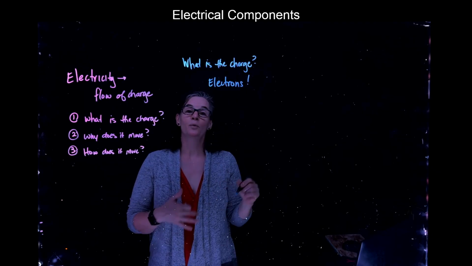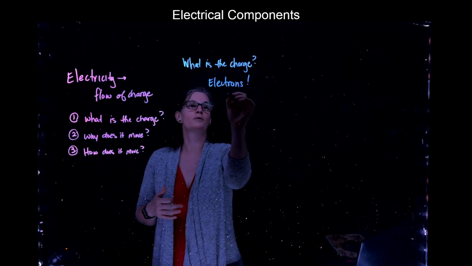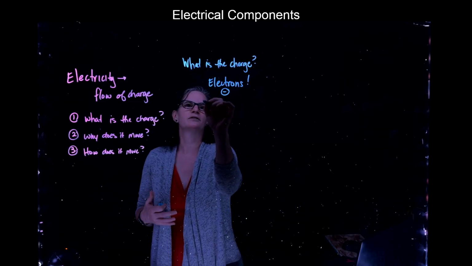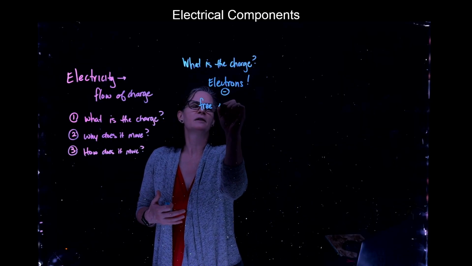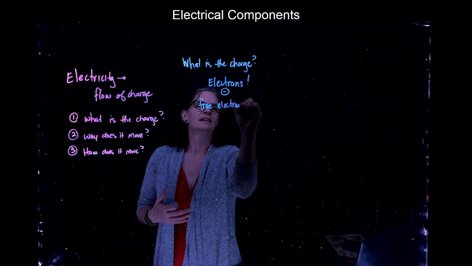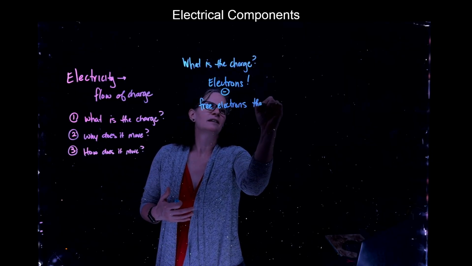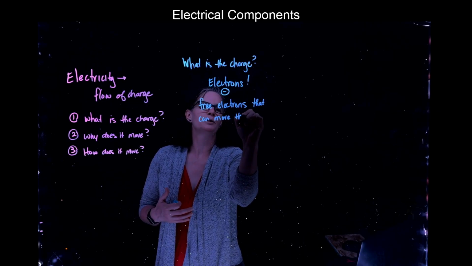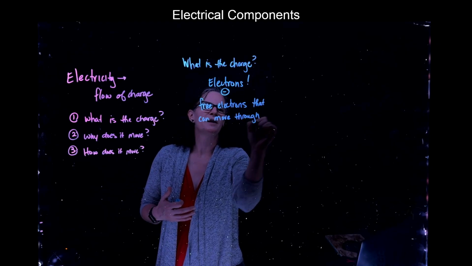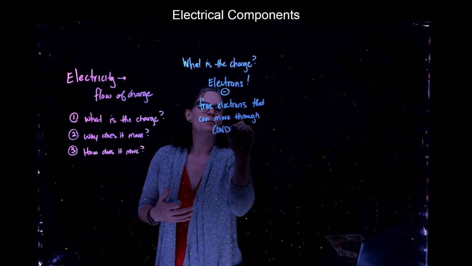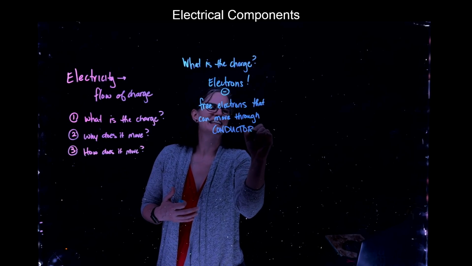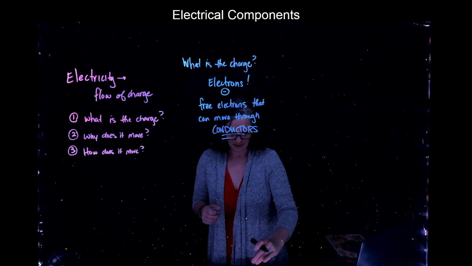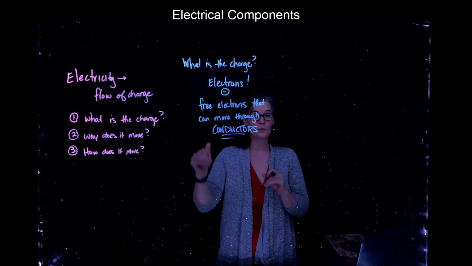And a couple of things about those electrons. We know, of course, that they are negatively charged. And these are the free electrons that are flowing, so that they can move through conductors. That's going to be an important thing to keep in mind as we answer more of these questions.